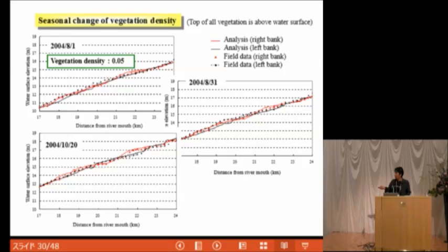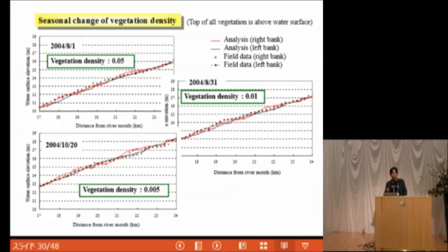For the next flood, August 31, we have to use 0.01. And for the last flood, we have to use 0.005. Based on this calculation, we can say the vegetation density decreases in a very short time because of the typhoons, floods and heavy rain.